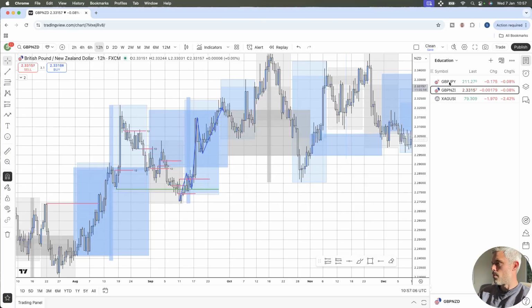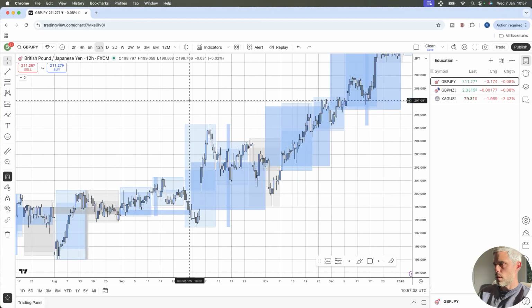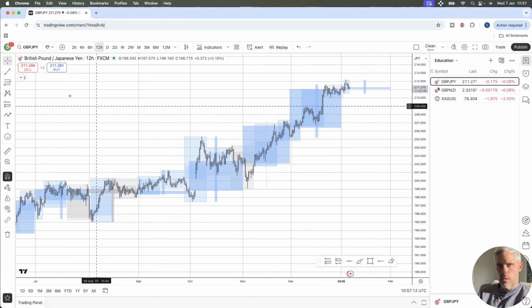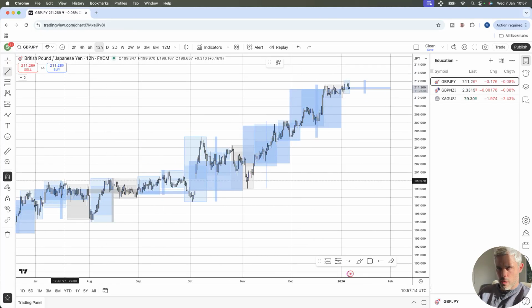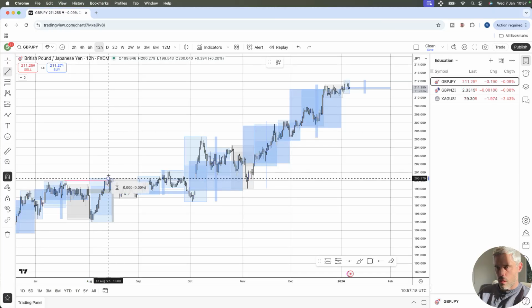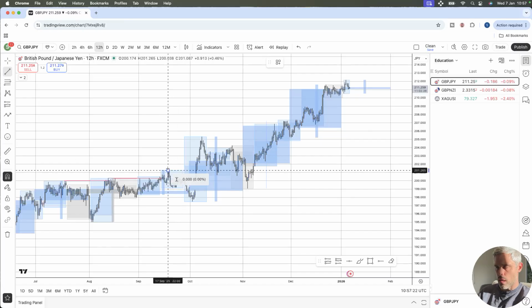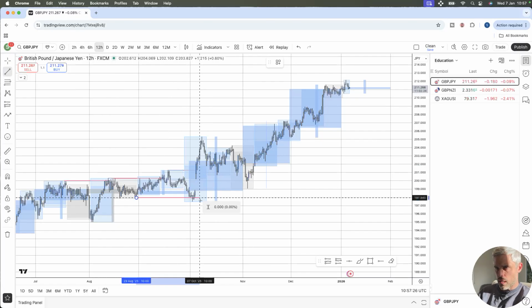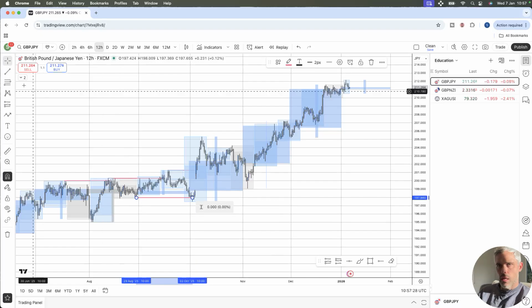Let's look at a couple more examples. So we were looking previously at GBP JPY, and just for the purposes of this being a market structure video, we can map what we think is the structure in the market, just to really bring this to life. So you could say this was actually a structural break.